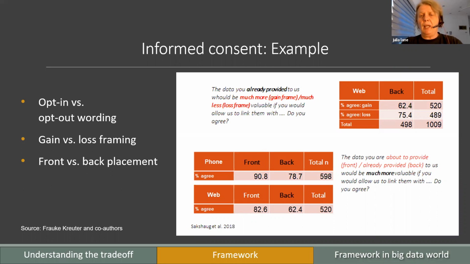Do we put it in a positive way or a negative way? Do we put the question at the beginning or at the end? So in other words, it's not as though informed consent is a fixed idea that we can rely on. It appears to be a nebulous measure that is very difficult to use as a foundation for privacy policy.